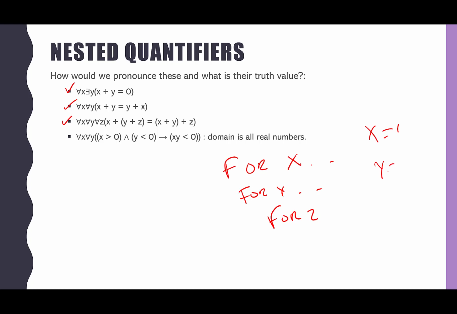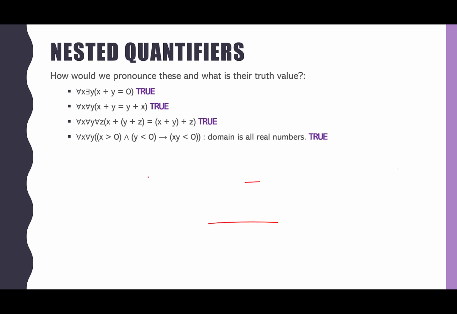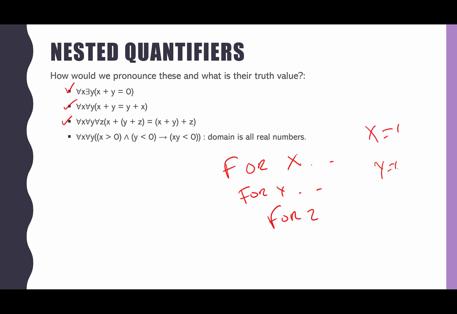Y becomes 1. Then when we get to z, it's equal to 1. But z is going to loop however many times it's supposed to loop, 10 times or whatever. Each time z is looping from 1 to 10, y is still only 1. X is still only 1. You see that? And then once z is done iterating 10 times, then y will increment, and we'll go through the whole thing again.